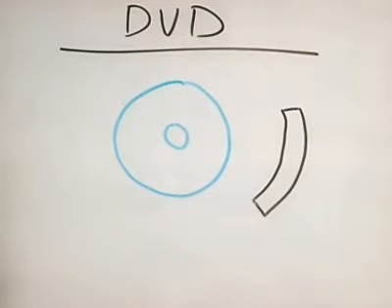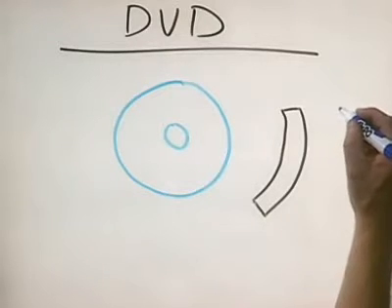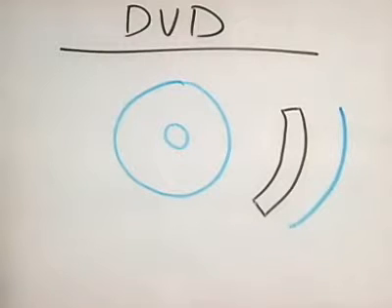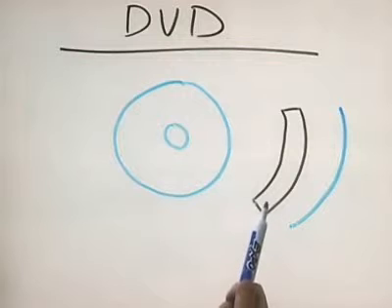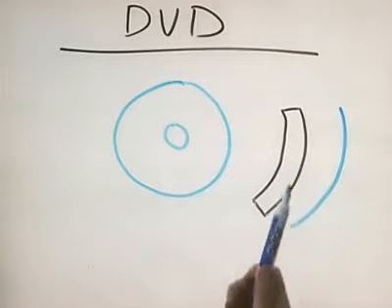By way of comparison, if you were to look at the track written on a DVD disc, you would see that it looked something like this. This is an exaggerated example, but it gets the point across. The CD track is much, much wider. A DVD track is very narrow. This allows the DVD to store a lot more data than a CD.